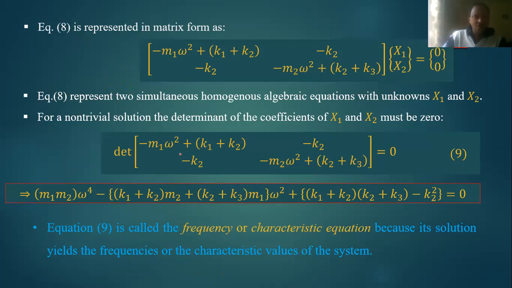So what are the eigenvalues? The determinant of this matrix equal to 0 gives us this type of equation, which is called the frequency equation, characteristic equation, or eigenvalue equation. It means we are going to determine the eigenvalues.